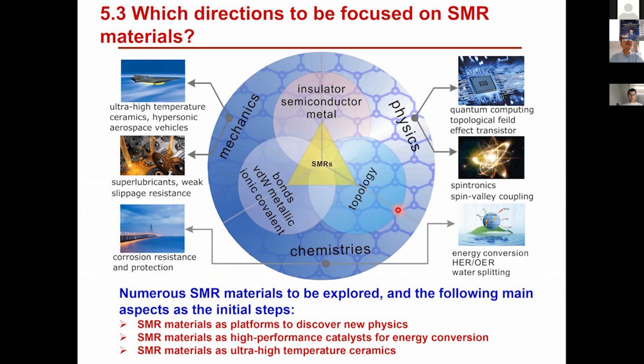Okay, so finally, which directions do we need to focus on for the six-member ring materials? We also have some considerations. As I show you, from the physics part, we need to consider applications such as quantum computing and topological field effect transistors, spintronics, spin valley coupling, and so on.